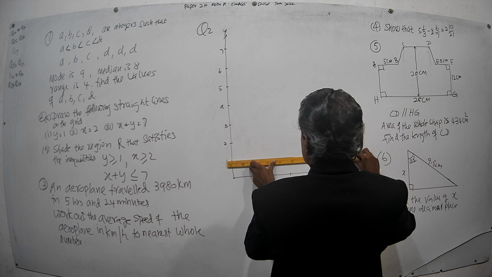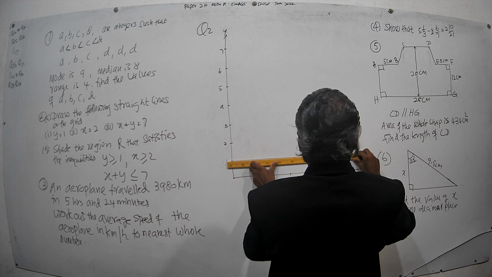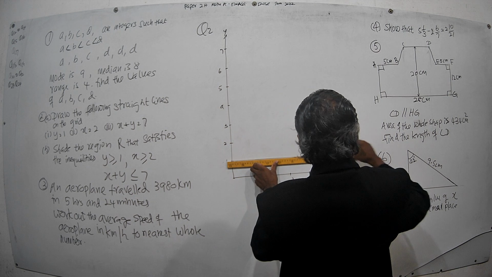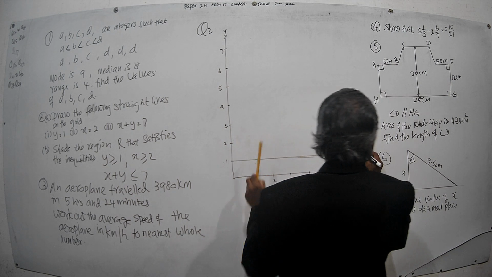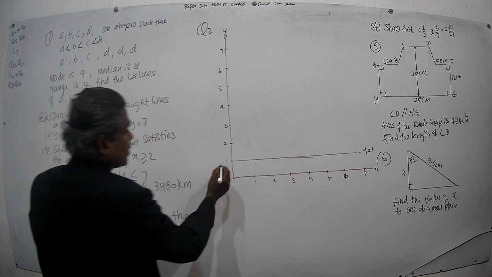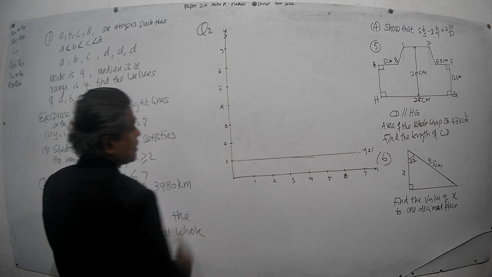This is the line y equals 1. It goes through 1 on the y-axis.